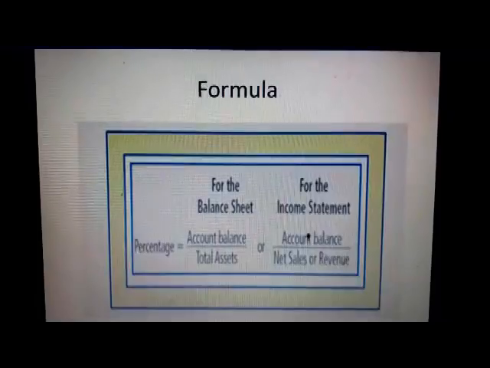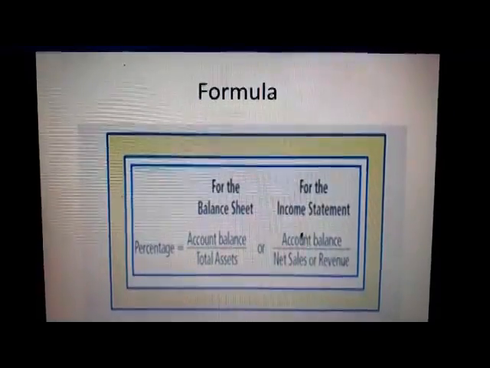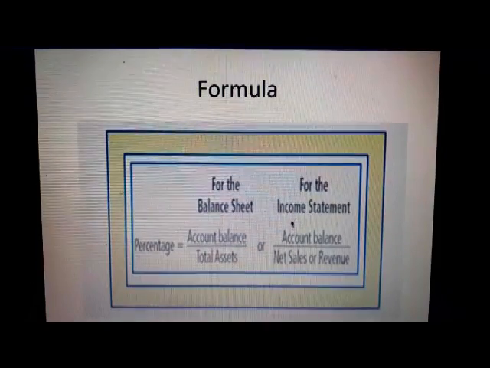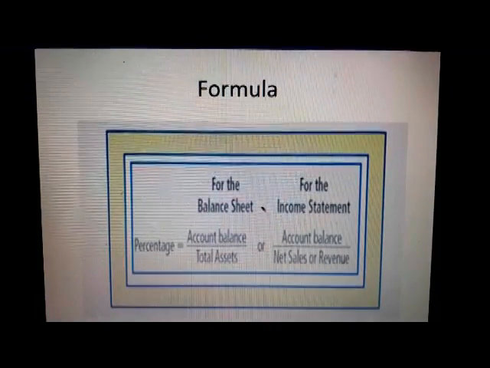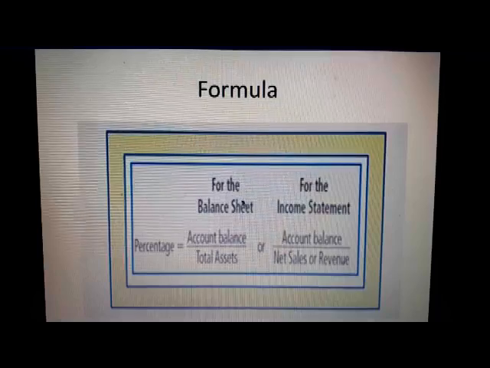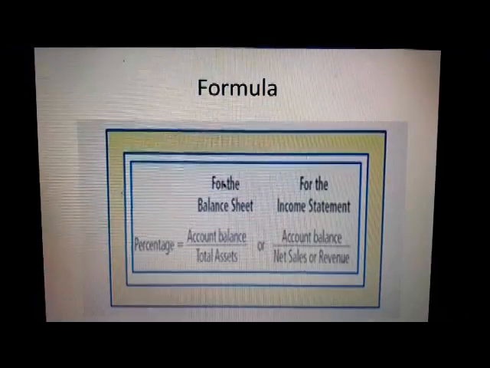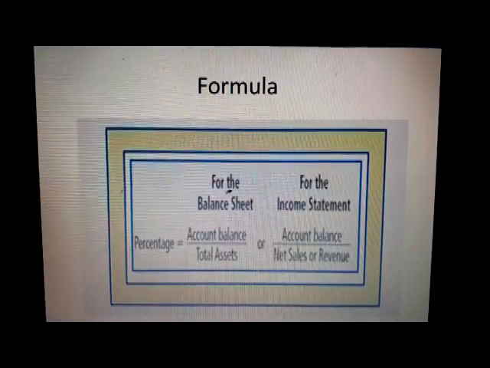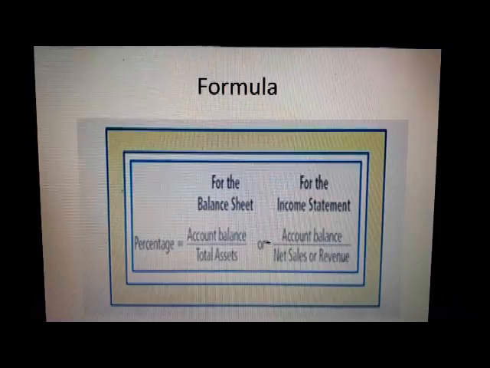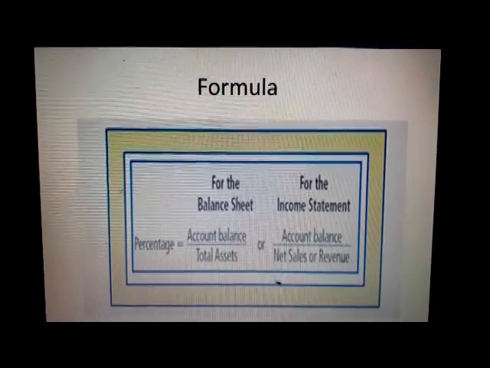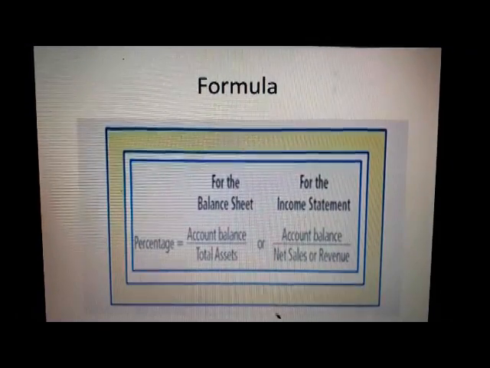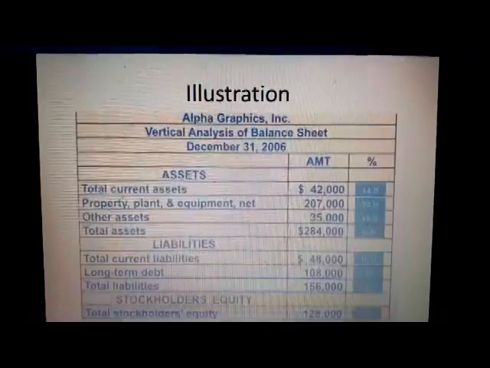Okay, then this is the formula from 2 points of view: balance sheet and income statement. Here percentage equals account balance divided by total assets, or account balance divided by net sales revenue. So here total assets will be 100% and net sales revenue will be 100%.